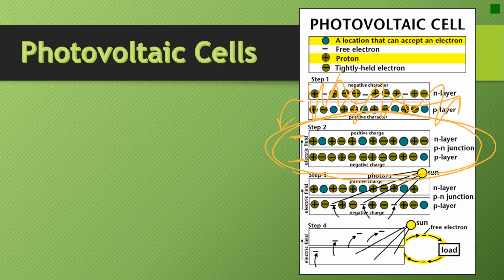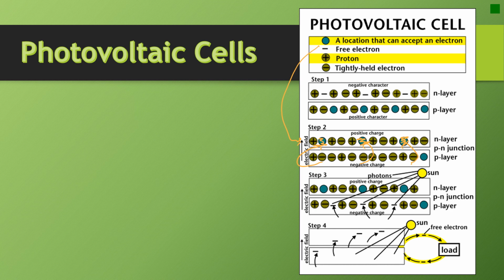What you should notice is that there are more negatives on this P layer than on the above layer. What these little spaces are, they're openings that can accept an electron. So it's basically a hole. We'll call it a hole. And any electron can move right on up to there if they wanted to. But these electrons do not do that unless they are hit with something.